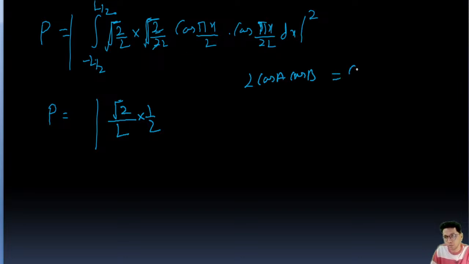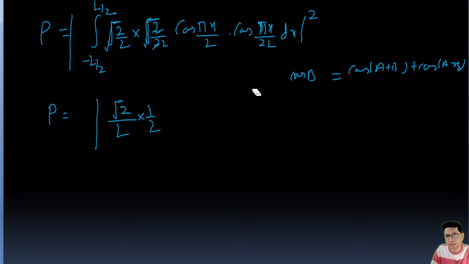So this value we know, cos A plus B plus cos A minus B, right? This formula we know.